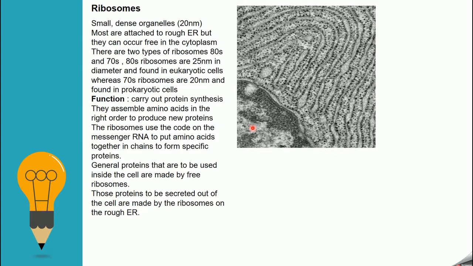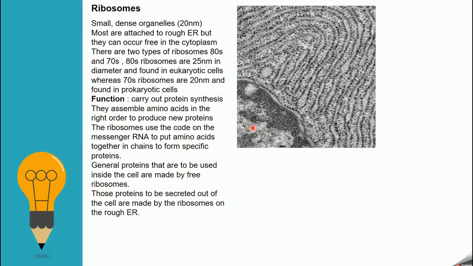And the function of these ribosomes, they carry out protein synthesis, as you know from GCSEs, and they assemble amino acids in the right order to produce new proteins. And so the ribosomes use the code on the messenger RNA to put amino acids together in chains to form specific proteins.